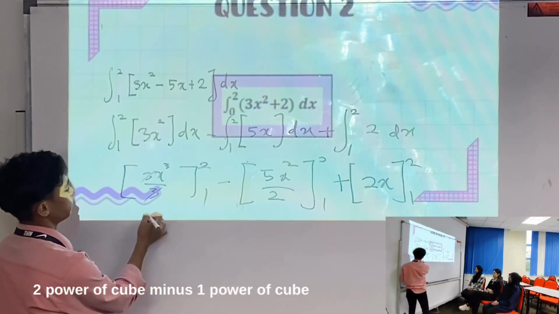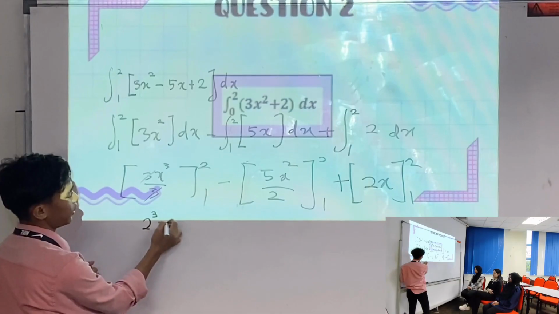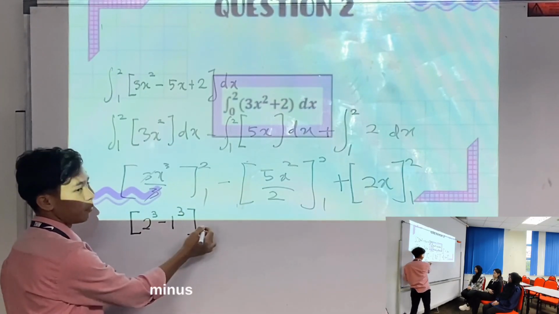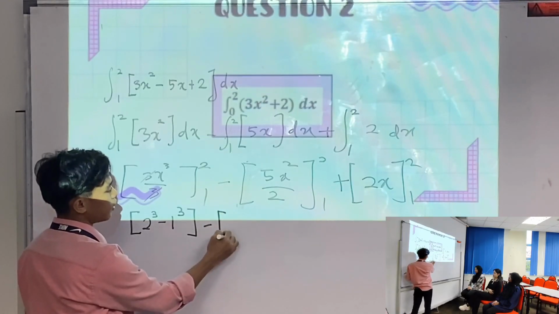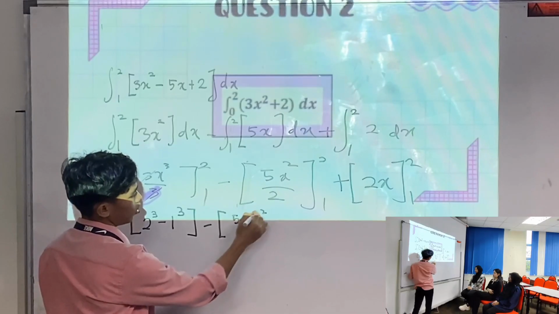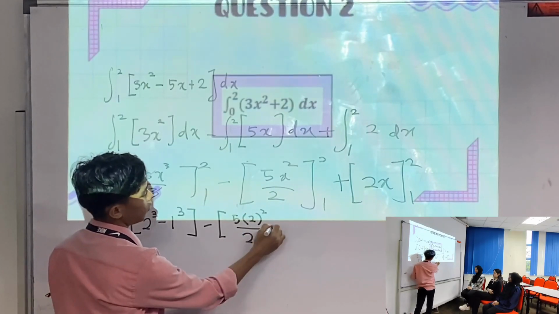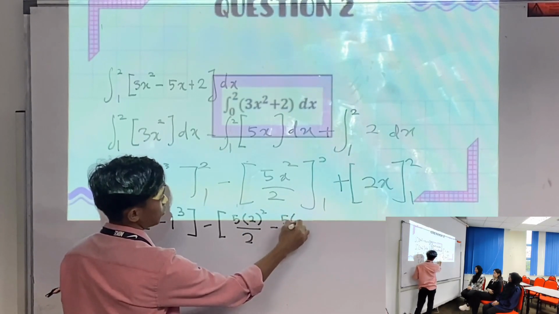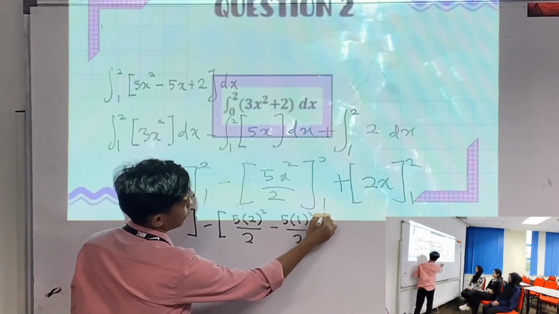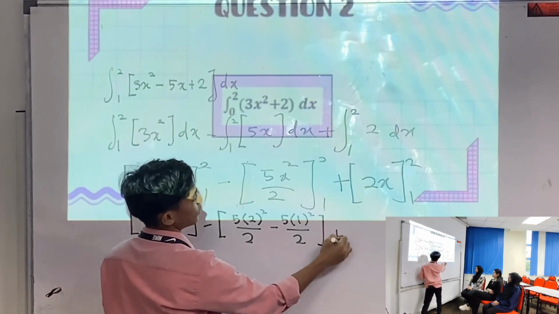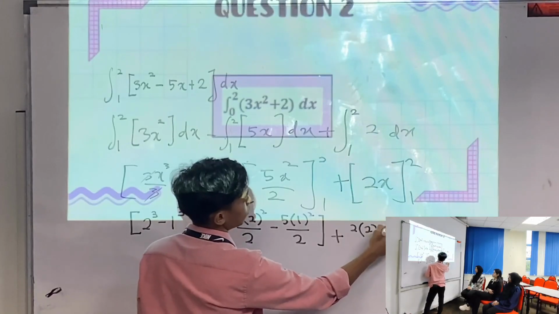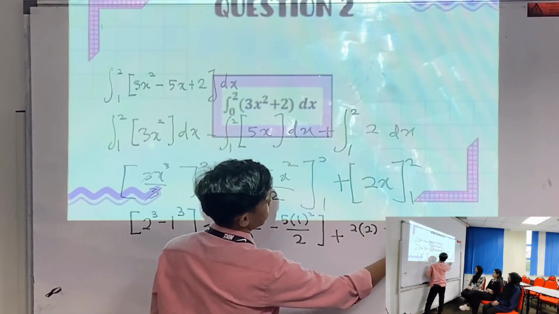Substitute the values: 2 to the power of 3 minus 1 to the power of 3, minus 5 times 2 squared over 2 minus 5 times 1 to the power of 2 divided by 2, plus 2 times 2 minus 2 times 1.